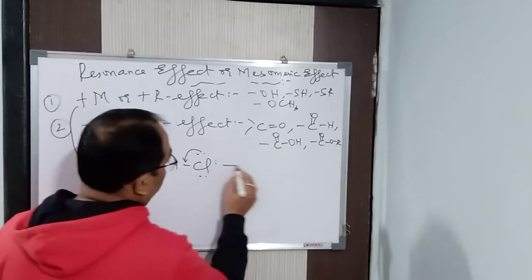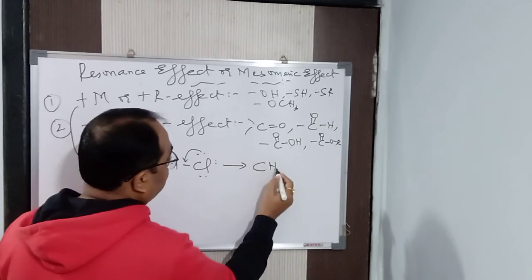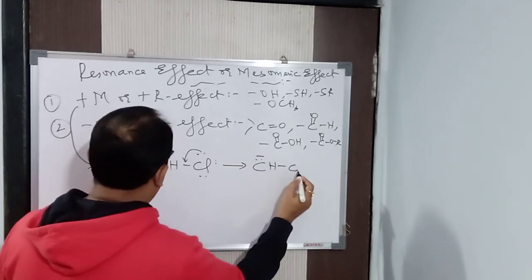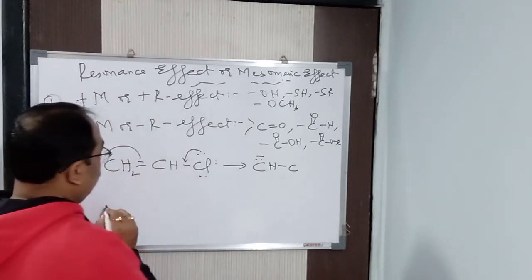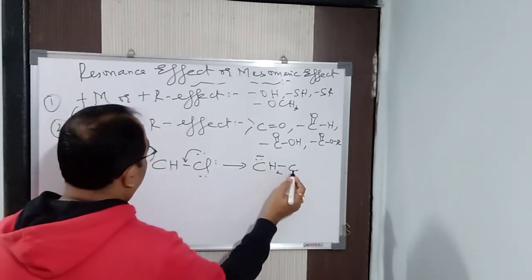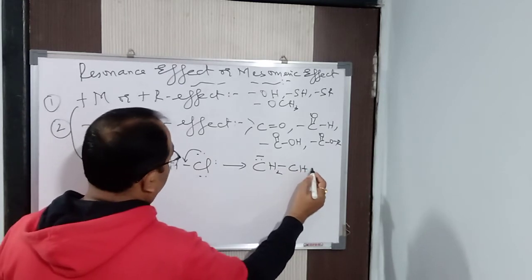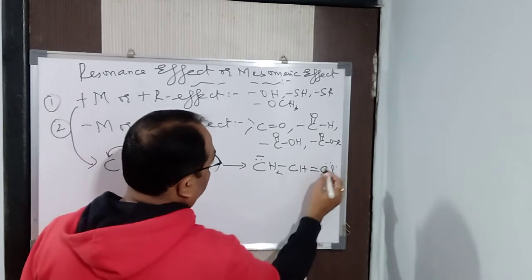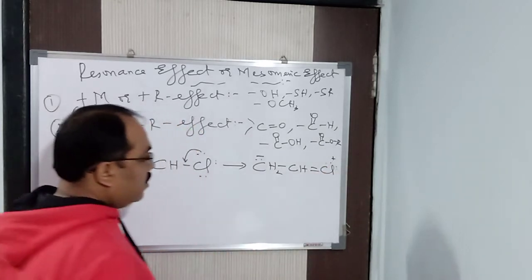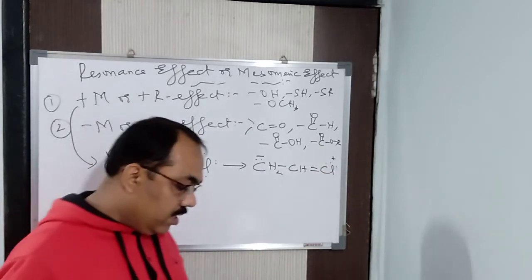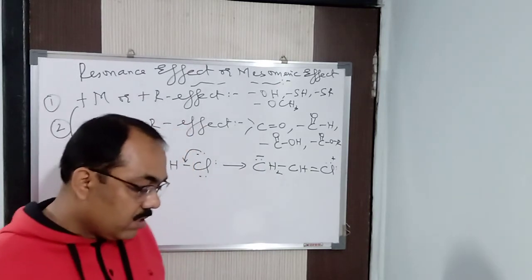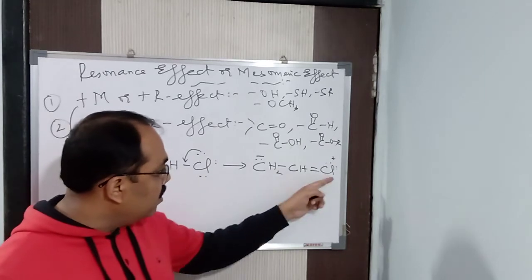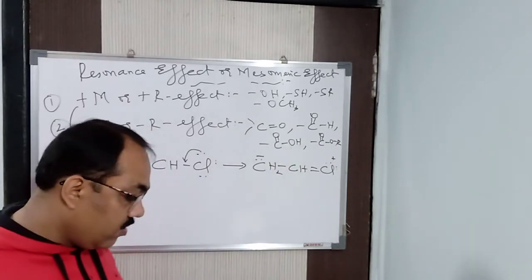As a result, a pair of electrons comes to the CH2 end, and Cl becomes positively charged. Creating centers of high and low electron density: this is high electron density, this is low electron density. It's plus R or plus M effect, we can say that.